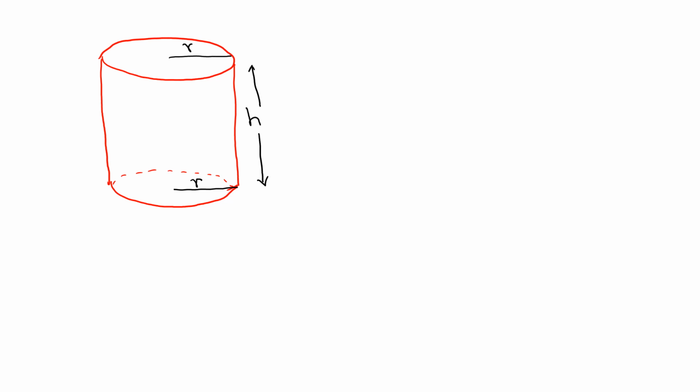So volume is not that difficult. First, we're going to find the area of the base. So that means volume is simply area times the height. Area of the base is pi r squared times the height. So that is the volume equation.